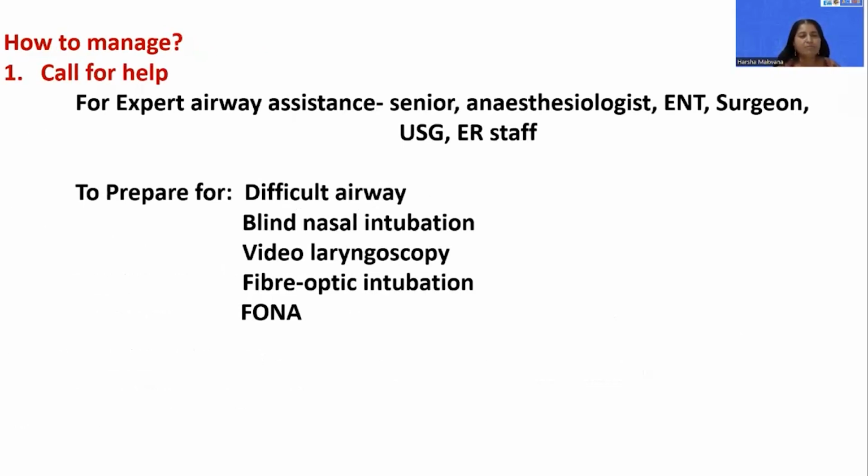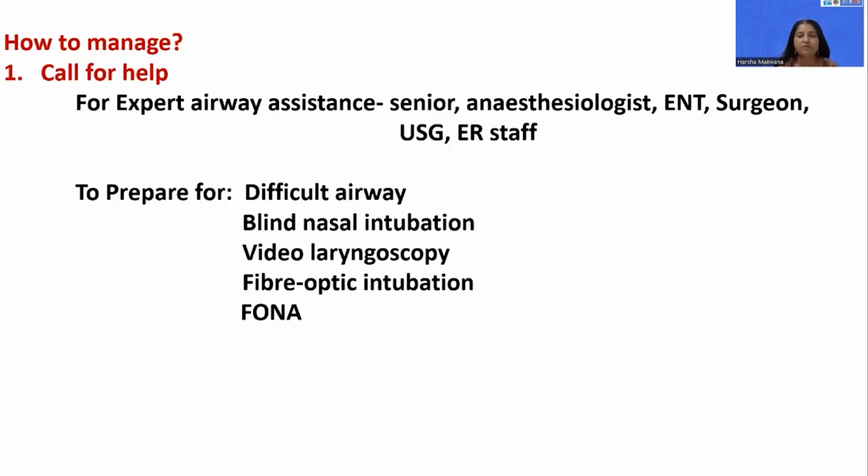So as soon as you suspect that this may be the CICV scenario, immediately call for help. First, you call the expert person. Even though CICV is not declared, you call him, because when the CICV situation occurs, he can immediately help and intubate this patient.